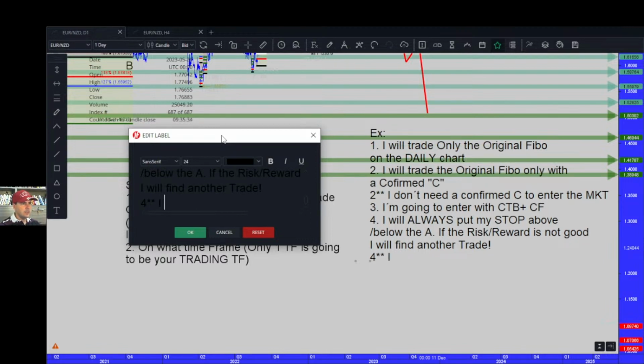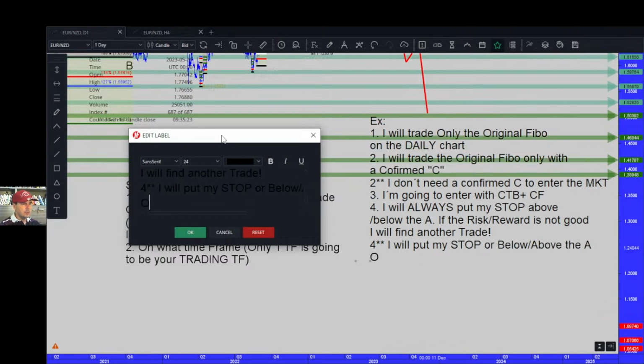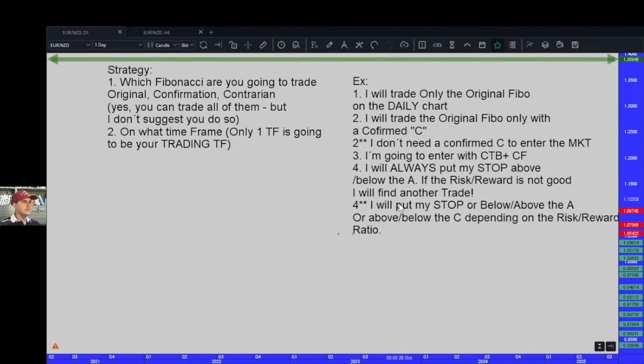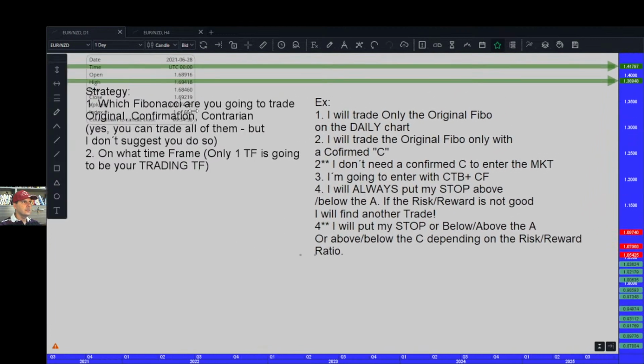Okay, I will put my stop below slash above the capital A or above slash below the C, depending on the risk reward ratio. Okay, everybody, this is the homework until tomorrow, strategy.